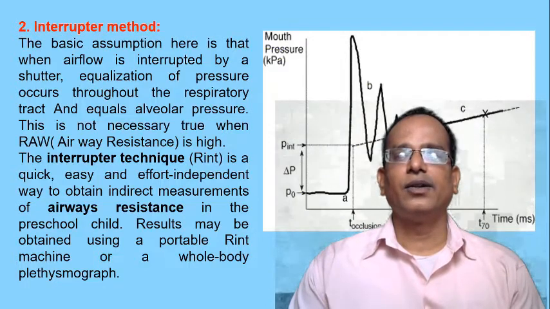Okay, so you are seeing the graph. In the graph, the y-axis is mouth pressure given in pascals and the x-axis is time. At each and every moment of movement, they are measuring the pressure in the lungs from the interrupter pressure. It peaks in a short time.